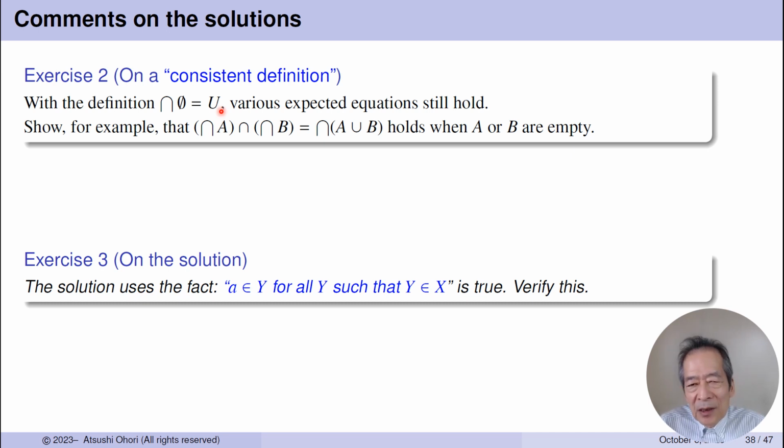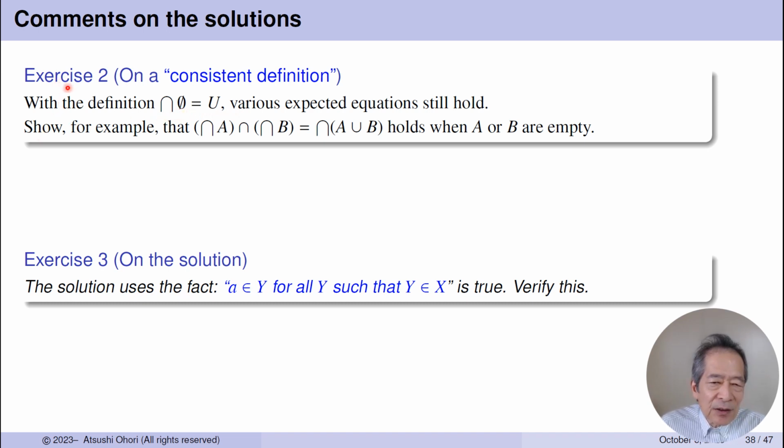But the natural question is, what do you mean by a consistent definition? Well, by consistent, I mean various expected equations that are valid under the previous definition of big intersection still hold for the empty case of the intersection.